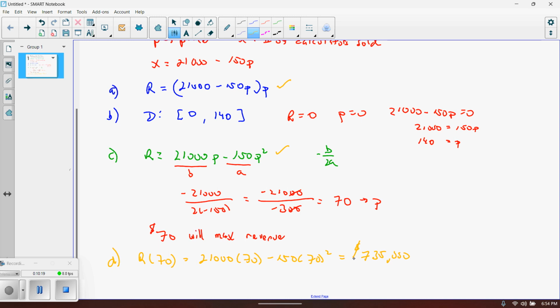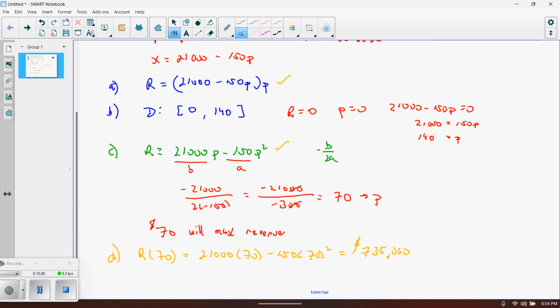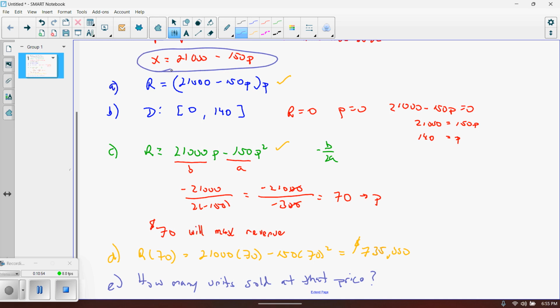And then the last question it might say is, how many units are sold at that price? So let's write that part down. How many units sold at that price? Well, remember the number of units comes from this expression right here.